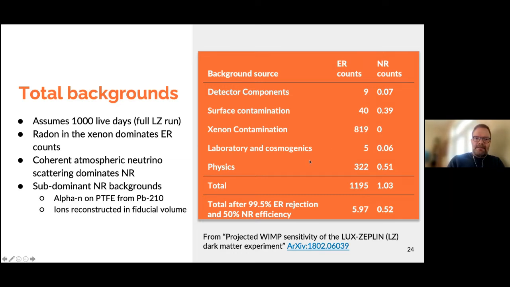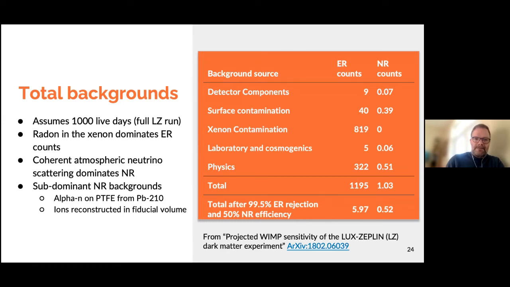The lab and cosmogenics is relatively small again, and then you have some other physics backgrounds. And the nuclear recoil counts, we really only expect one interaction there from background processes.